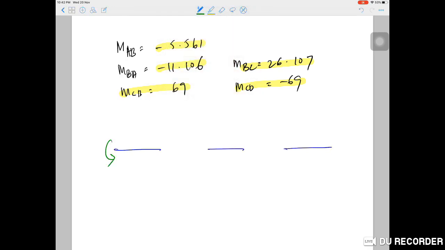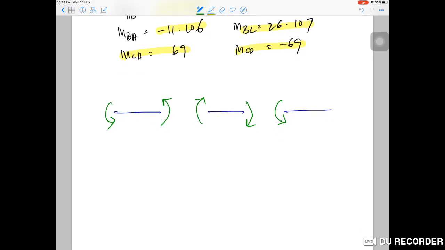For MBA, BA is also negative. Okay, MBC is positive. MCB is positive, and MCD is negative. Again, MAB is negative, MBA is negative, MBC is positive, MCB is positive, and MCD is negative.